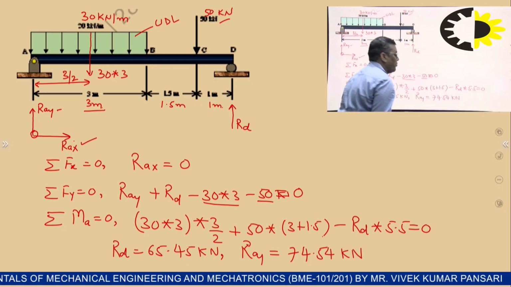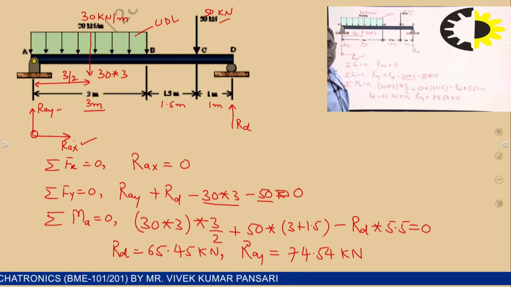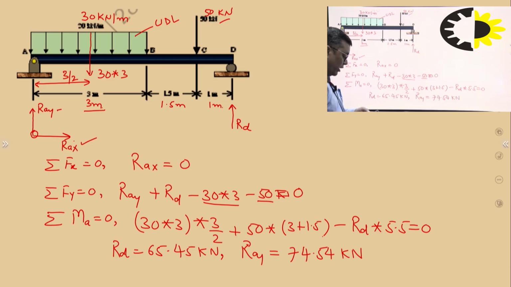Please check. This is a very common question in each and every first year exam. It is asked to find the support reaction. Very simple. If it is for 7 marks, then it is very good for any student.